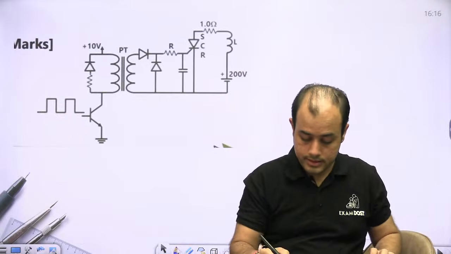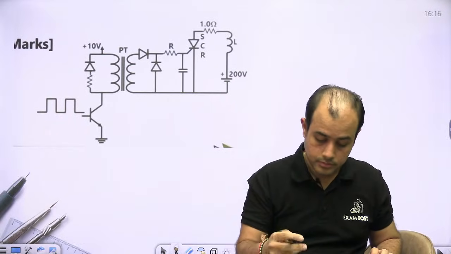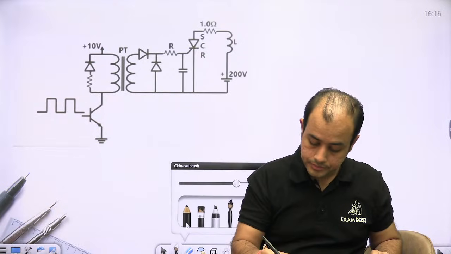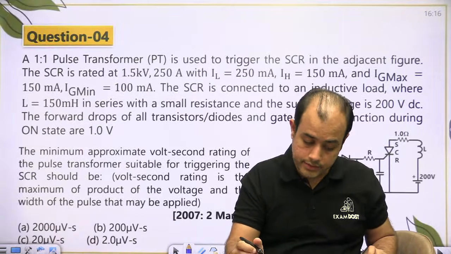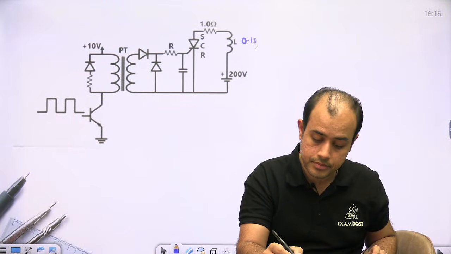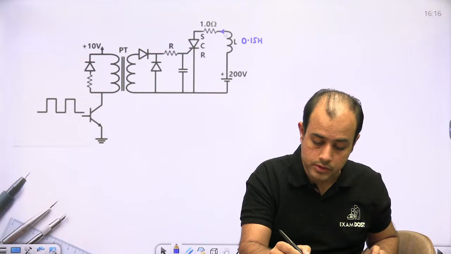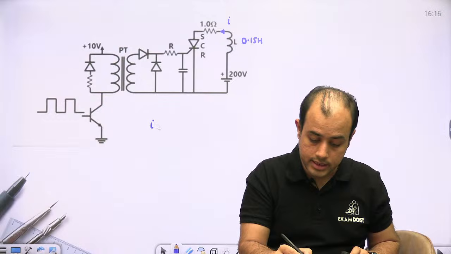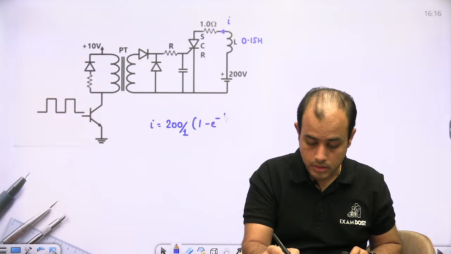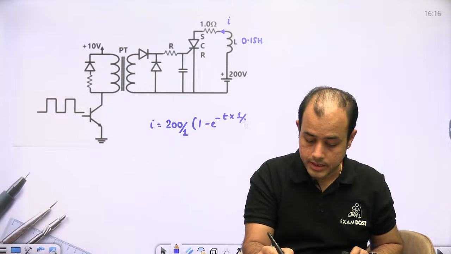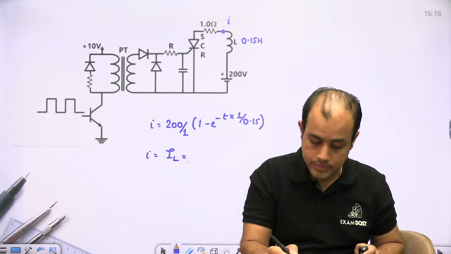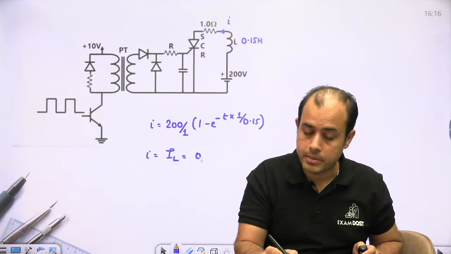See this. This L is given to me as how much? 150 millihenry. So for minimum pulse width, you have to check the current, R by L. So I equal to I latching. How much is the latching current? 250 milliampere.